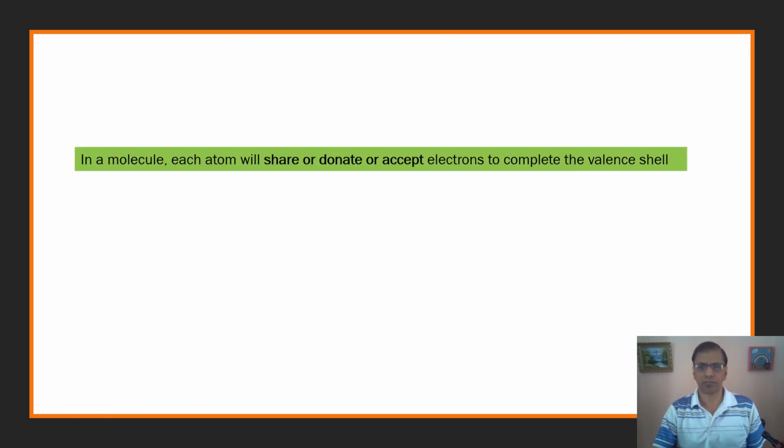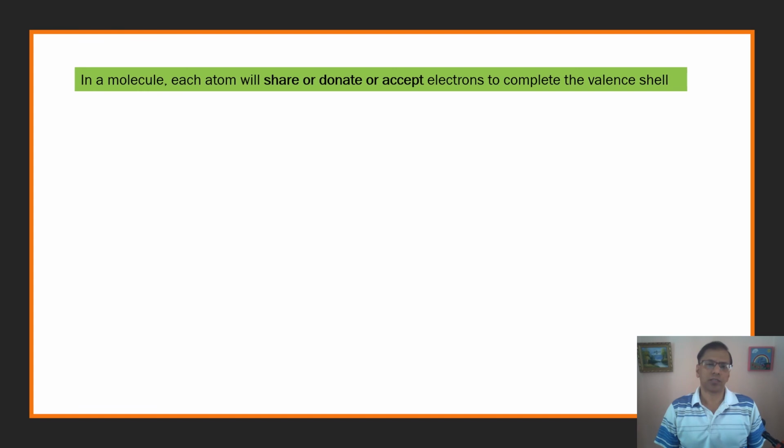And this is the formula which you need to follow: the charge on the atom is equal to the number of valence electrons minus the number of unshared electrons minus half the number of bonding electrons. The most important thing to remember is that in a molecule, each atom can donate or share or accept electrons to complete the valence shell.